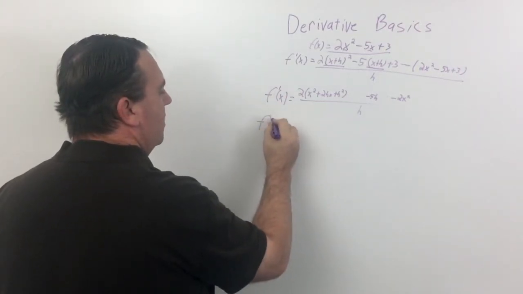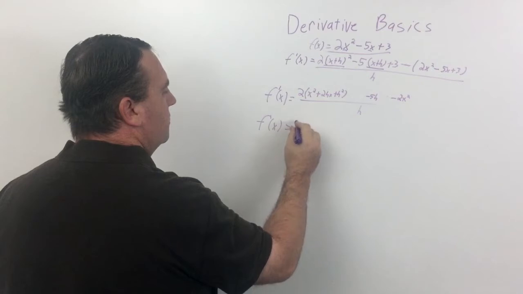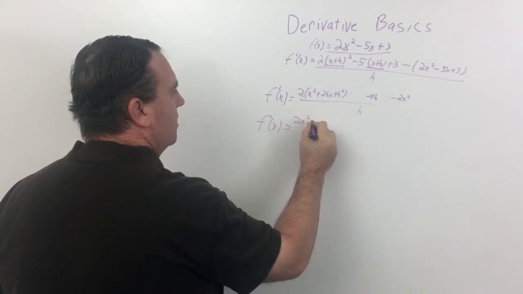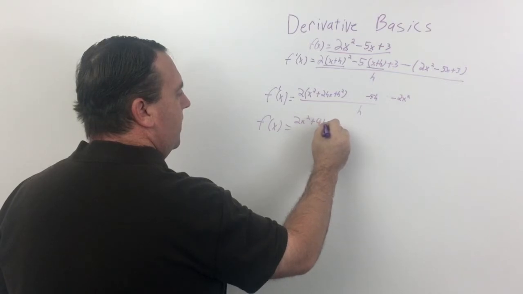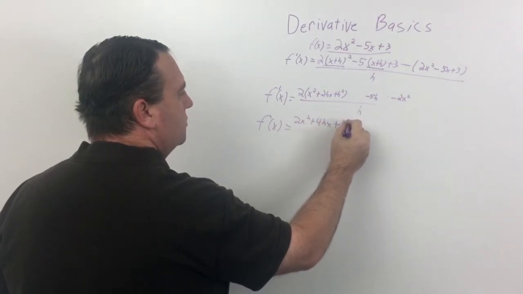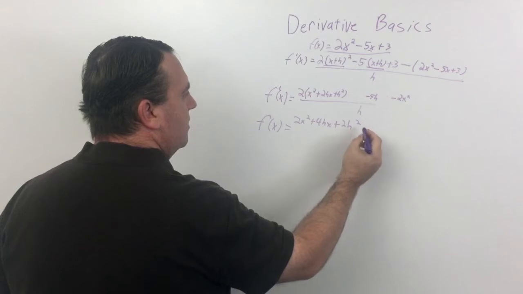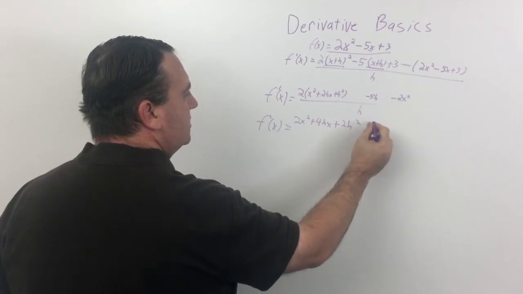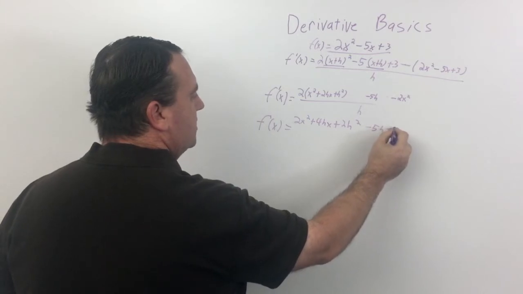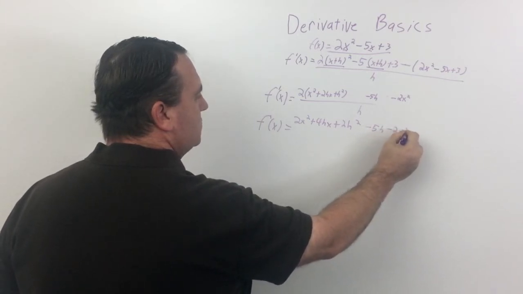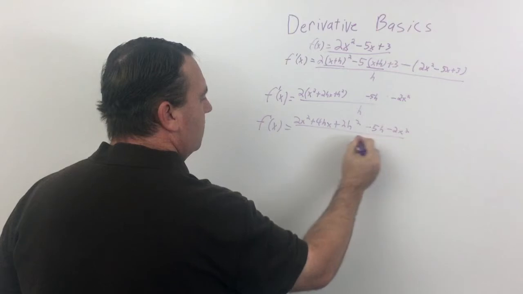So f prime of x equals 2x squared plus 4hx plus 2h squared minus 5h minus 2x squared, all over h.